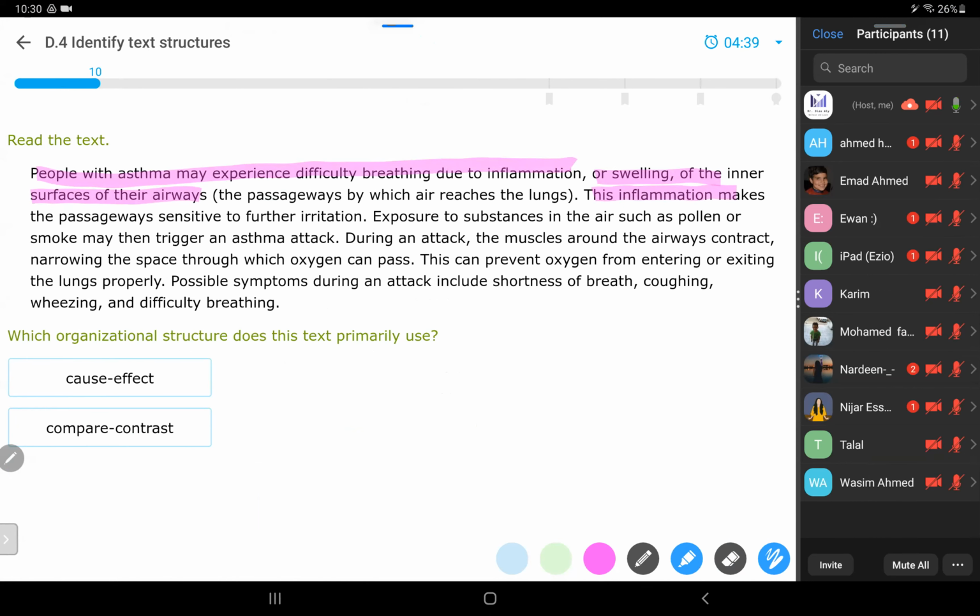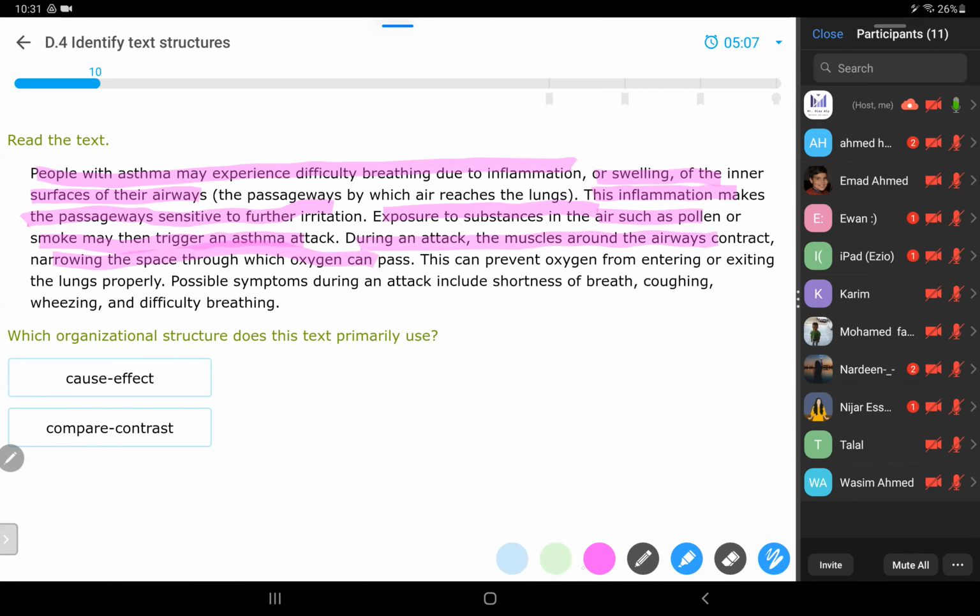The inflammation makes the passageway sensitive to further irritation. Exposure to substances in the air, such as pollen or smoke, may then trigger an asthma attack. During an attack, the muscles around the airways contract, narrowing the space through which oxygen passes.